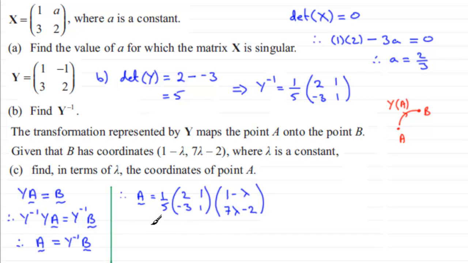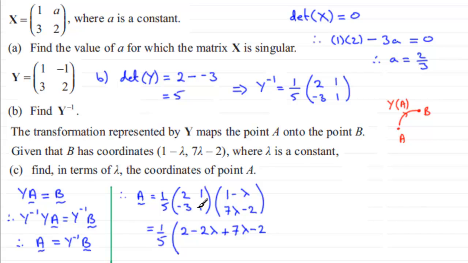When we expand this, let's just leave the fifth out the front. What we're going to have is 2 multiplied by 1 minus lambda, plus 1 times 7 lambda minus 2, row by column. So 2 times 1 minus lambda gives us 2 minus 2 lambda, and we add to this 1 times 7 lambda minus 2, which is just 7 lambda minus 2.